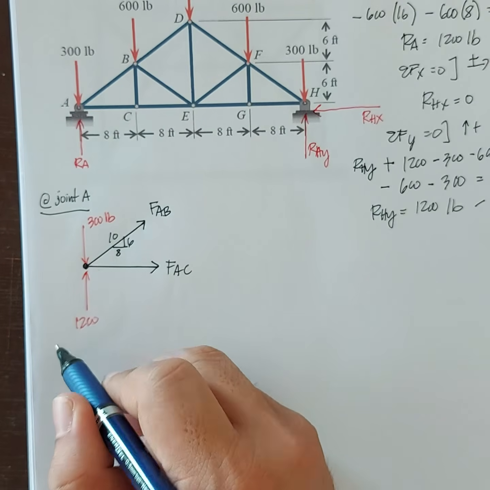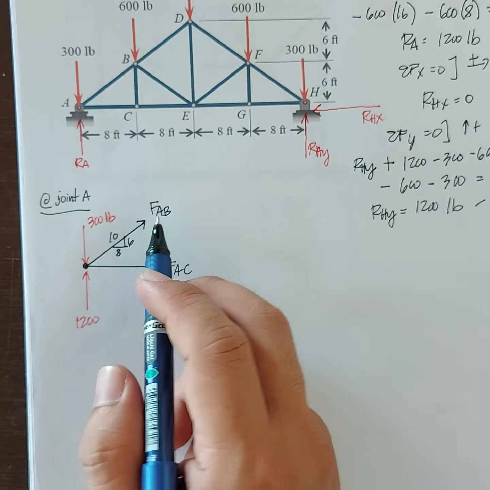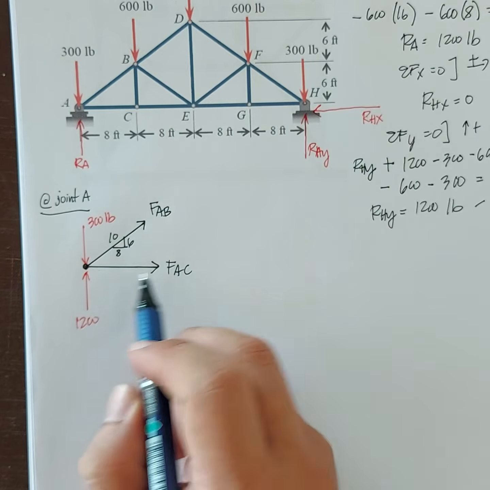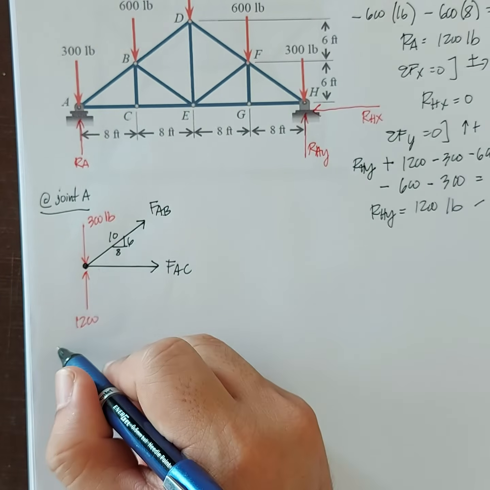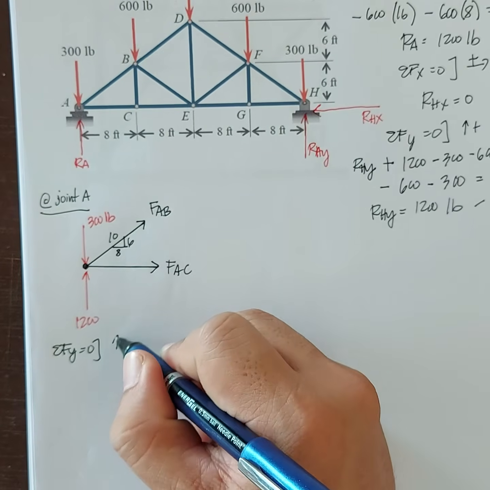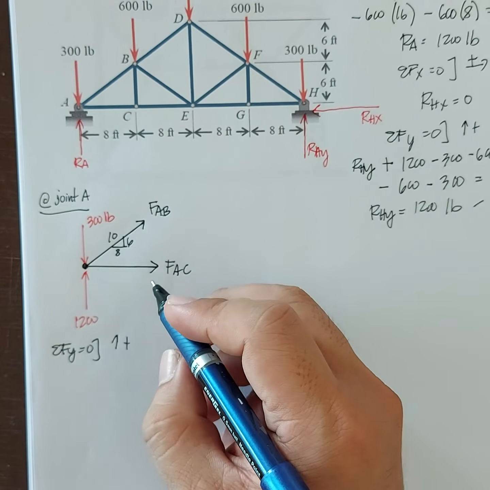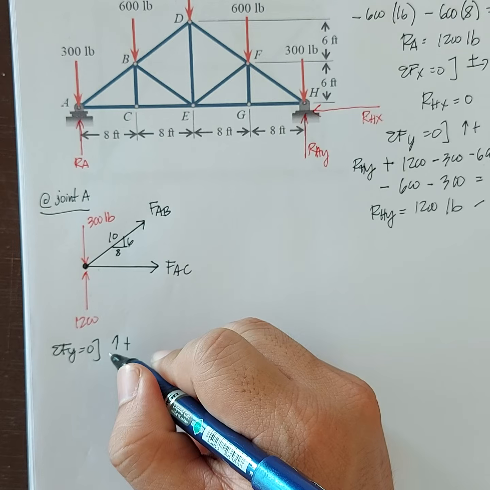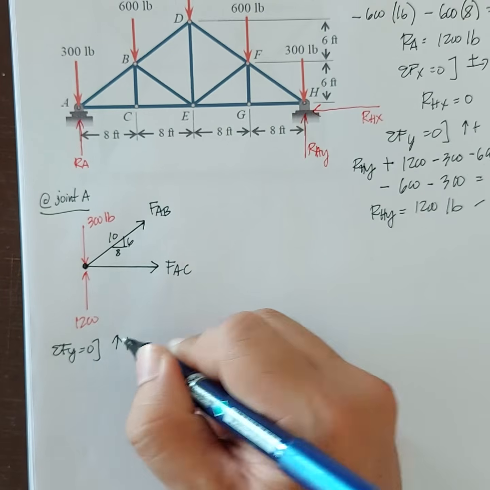To solve FAB right away, since FAC is horizontal and FAB has a vertical component, we can summate forces along the y-axis first. Upward forces are positive.